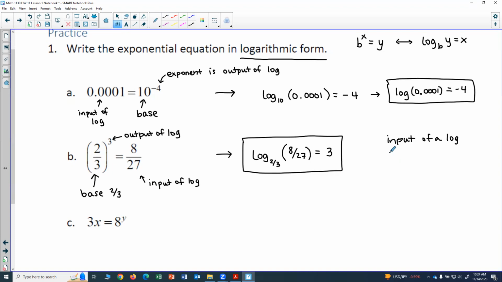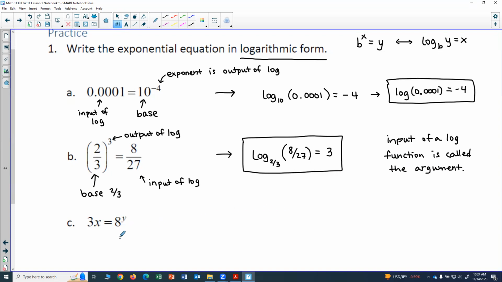So the input of a log function is called the argument. So I'll start using that term.